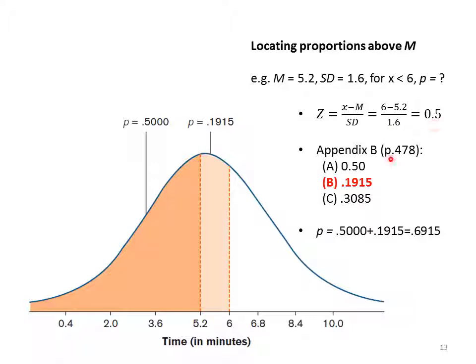And then you go to Appendix B on page 478 to locate 0.5 in column A, and then the pink area should be 0.1915, and that's the proportion of this area. So the probability is 0.5 plus 0.1915, and 0.69 is your probability.